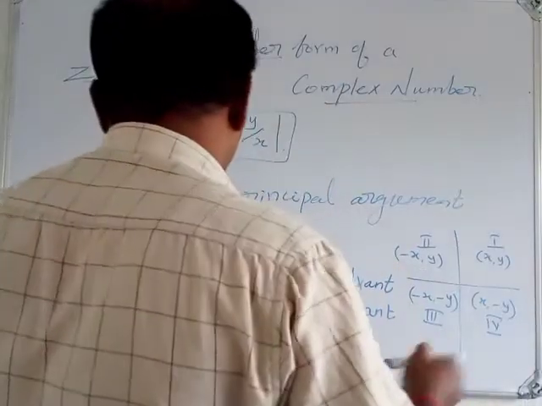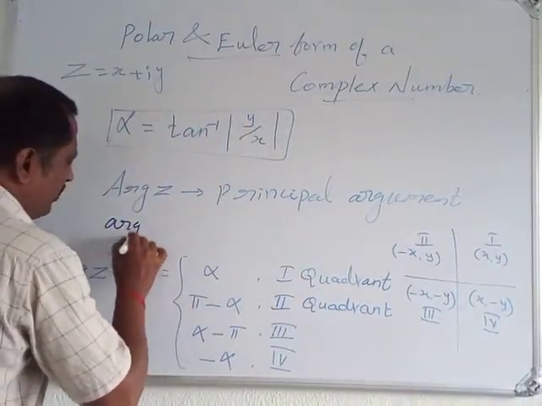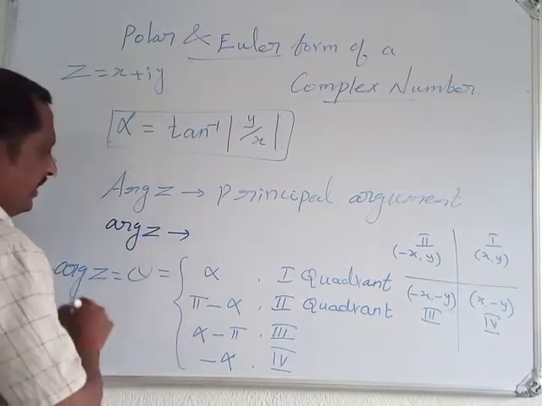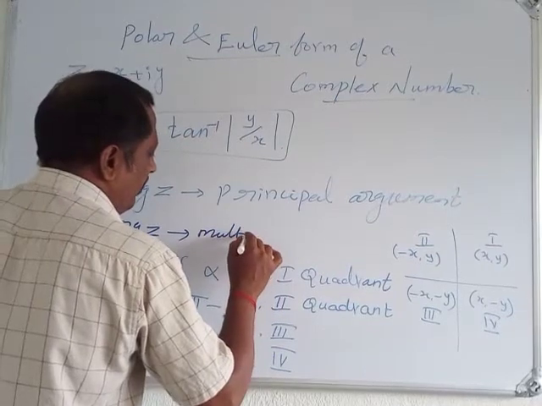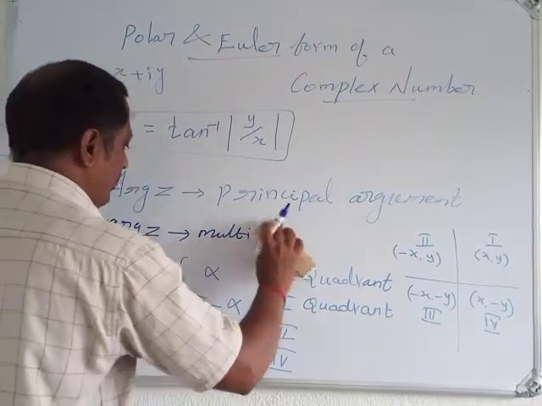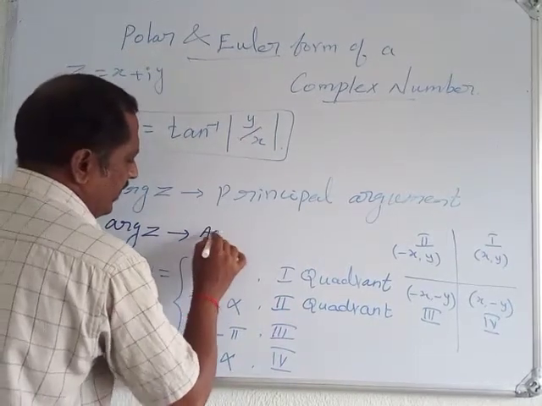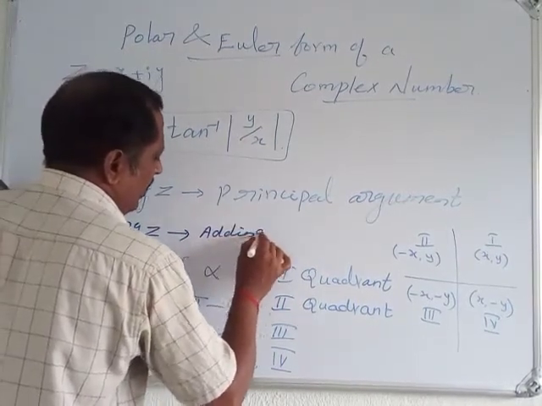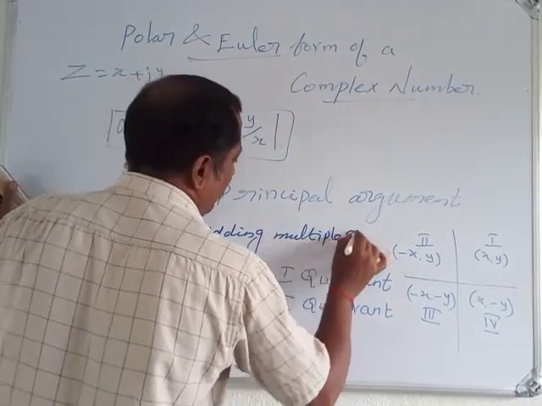And small argument of z is the principal argument plus a multiple of 2 pi.